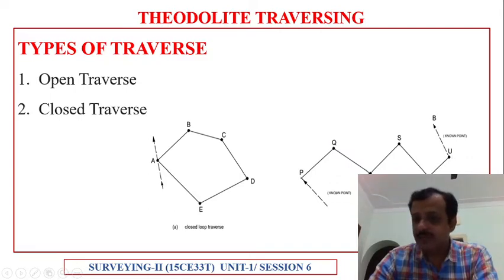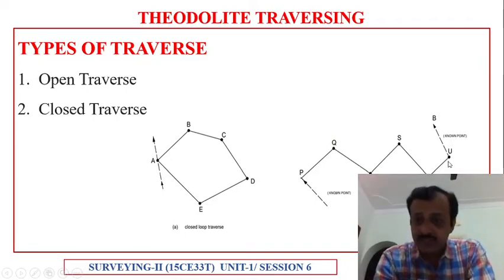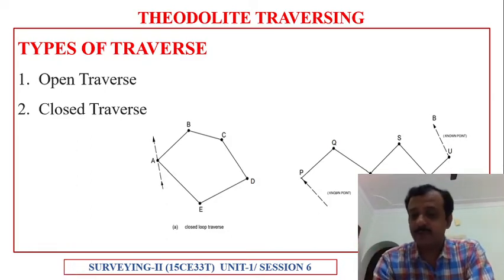So whenever you want to measure the length of a road, or take the details for road alignment or canal alignments, in such cases open traverse is suitable.